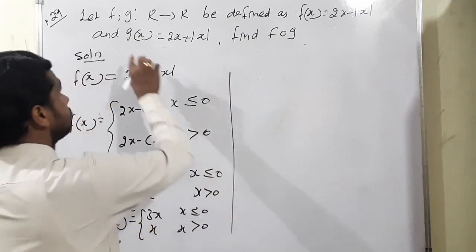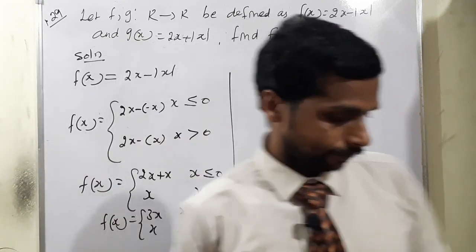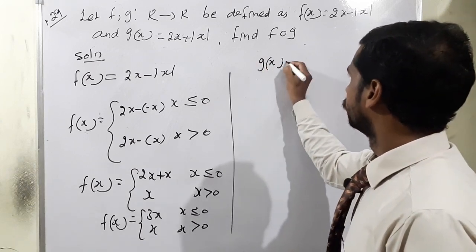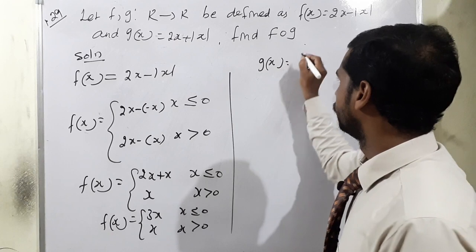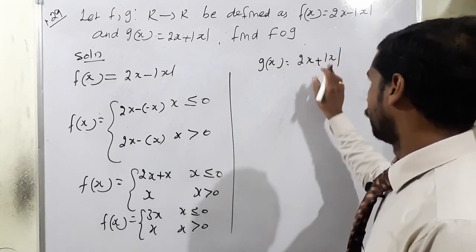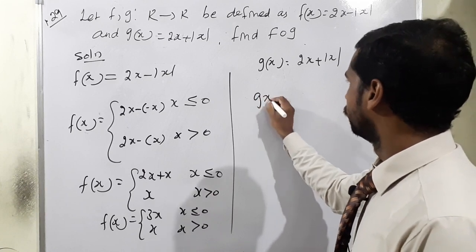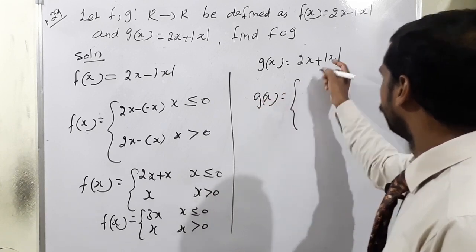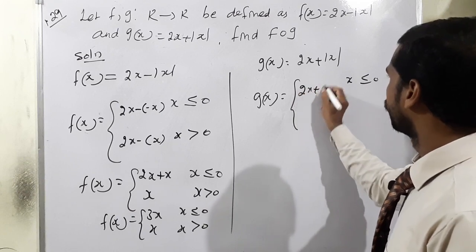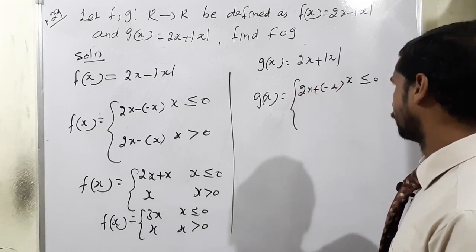But next case, g of x is equal to, given condition, 2x plus modulus of x. Here also the same condition: g of x, when x is less than or equal to 0, what will happen? 2x plus, inside we can write minus x.